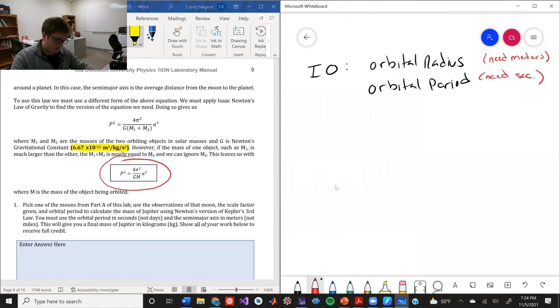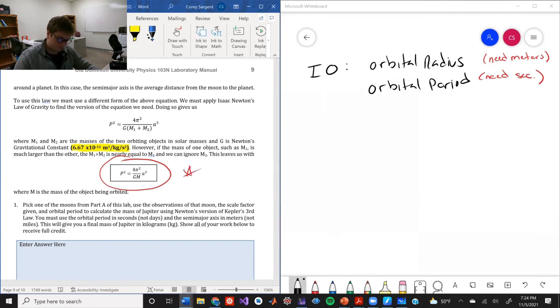Those are values that you should be able to convert on your own. So now let's look at this equation here.